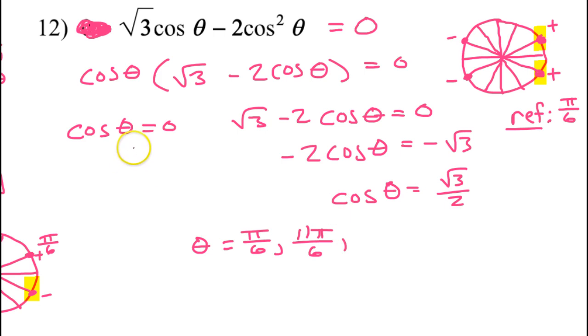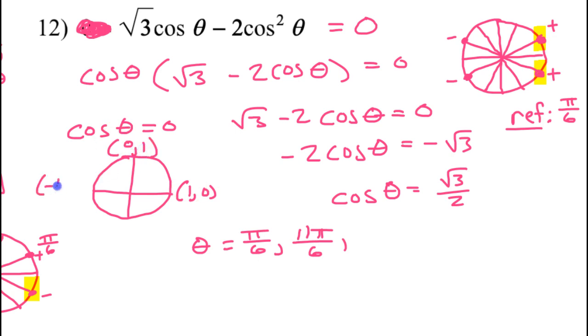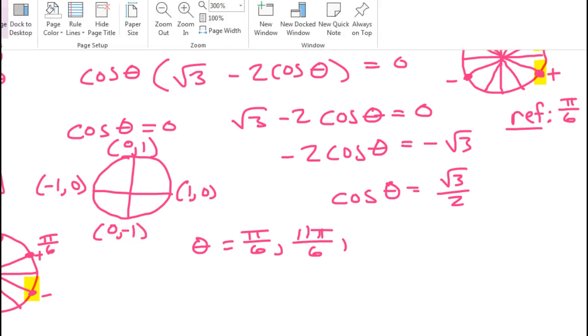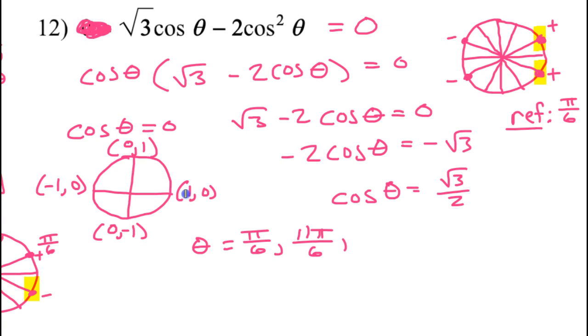Okay, now what about this cosine equaling 0? Well, that is a quadrantal angle, so let's draw the quadrantal situation. Okay, remember this is (1, 0), (0, 1), (negative 1, 0), and (0, negative 1). On the unit circle, cosine is an x value, so we should only look at these numbers.